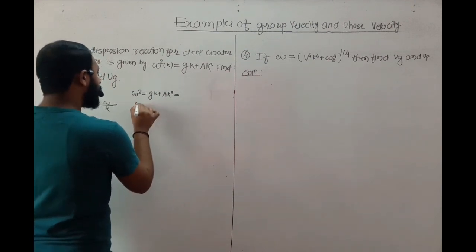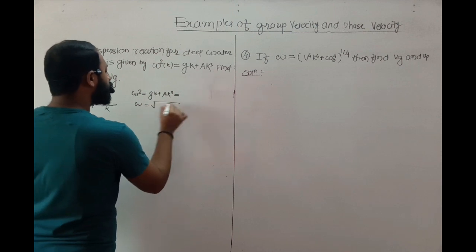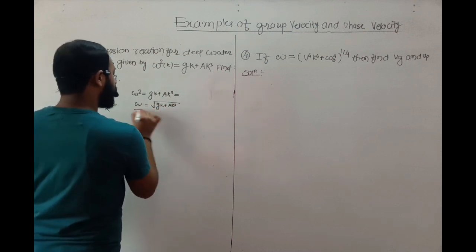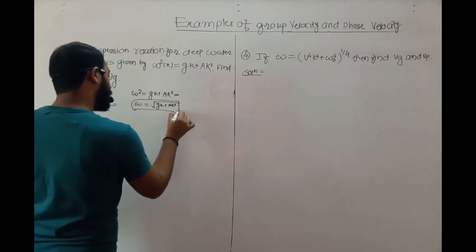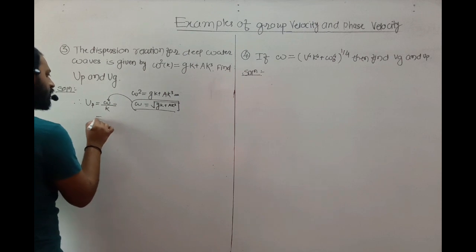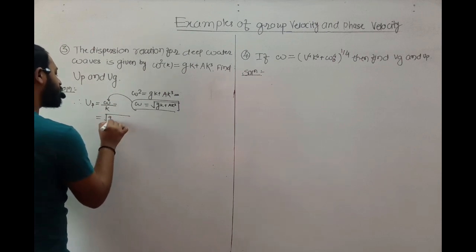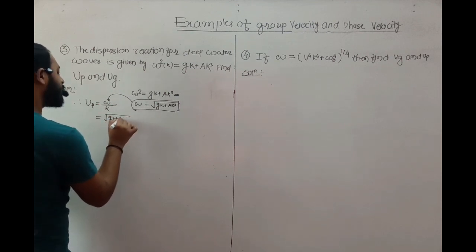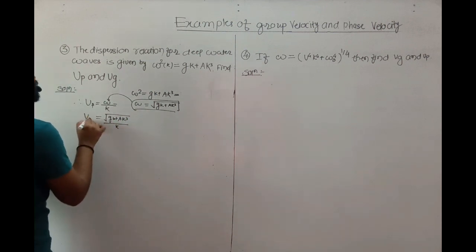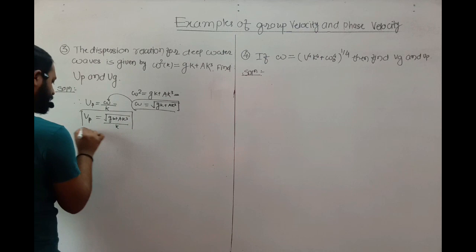We got omega equals root of gk plus ak cube. You got omega. Put this omega here. Therefore, under root of gk plus ak cube by k. This is your phase velocity.